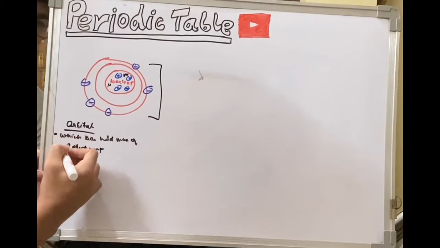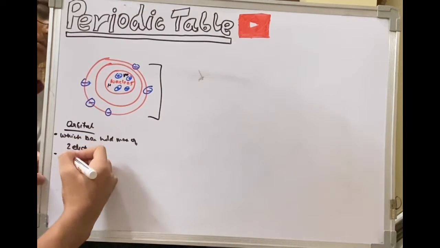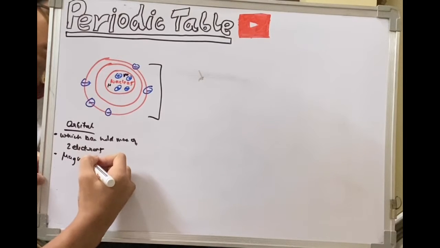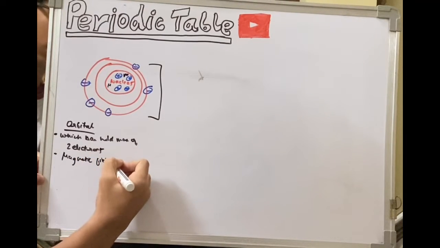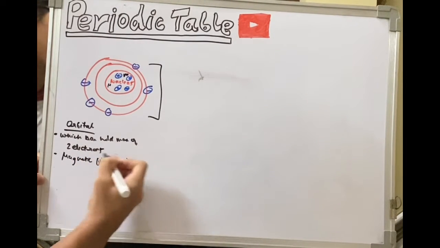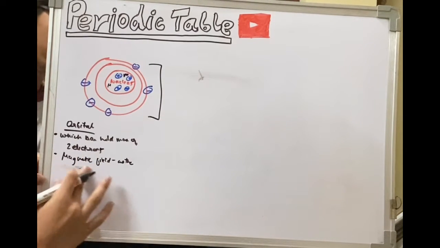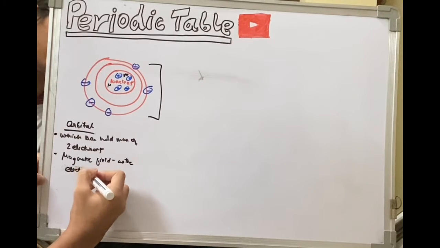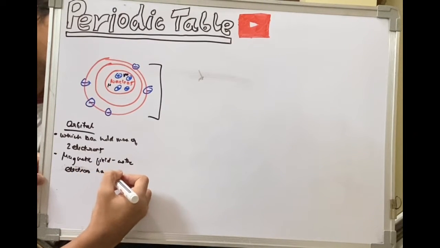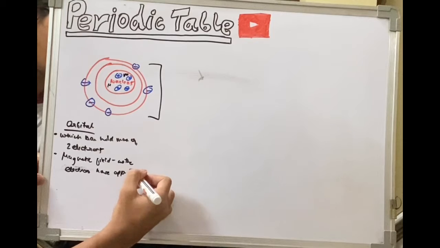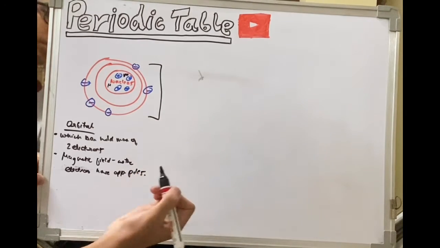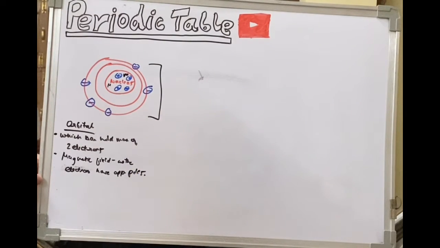Now it also has a magnetic field, as the electrons have opposite poles. Now the interesting thing is that they come in various sizes and shapes. So they are further divided into 6 types.